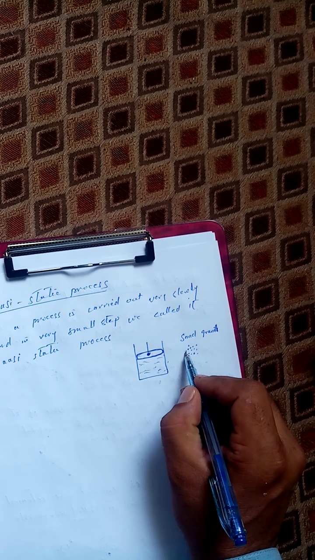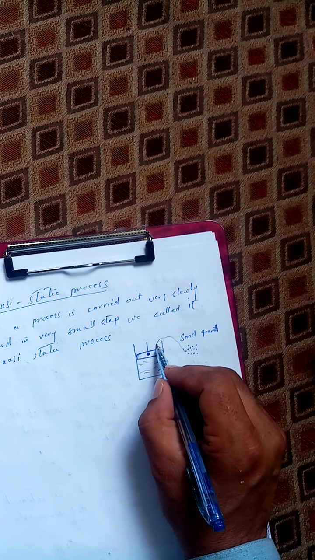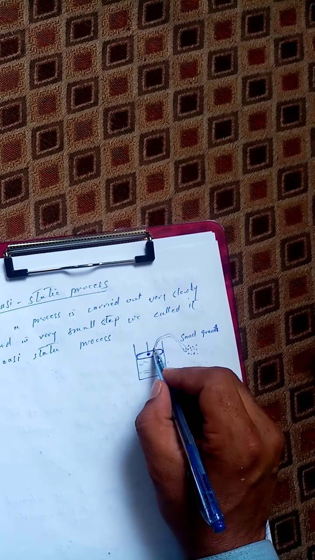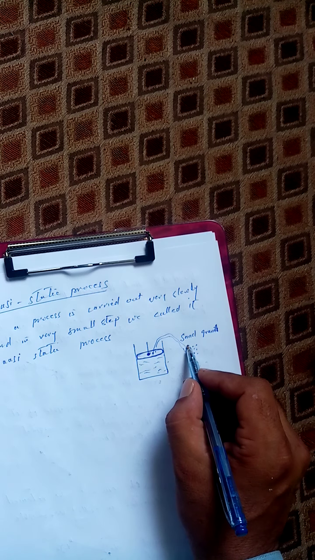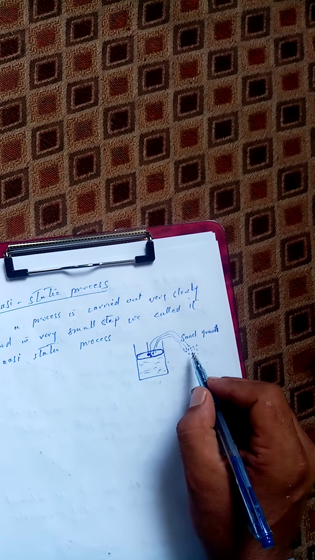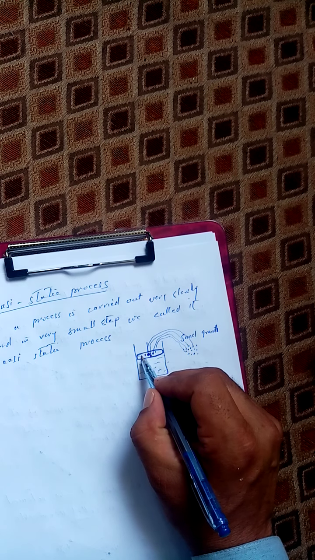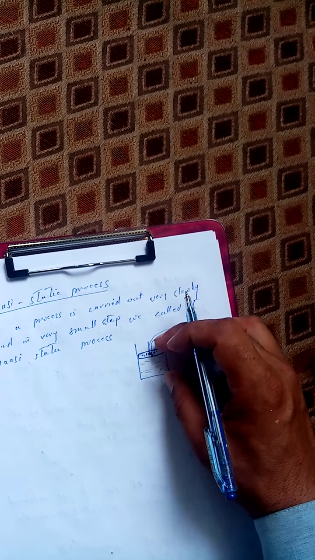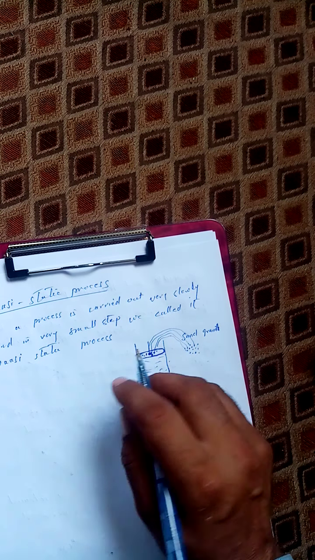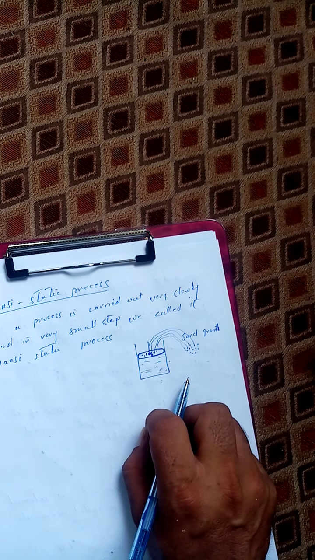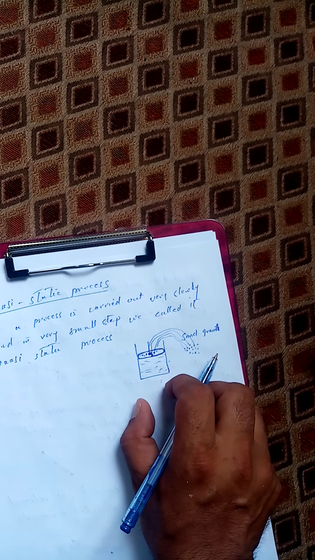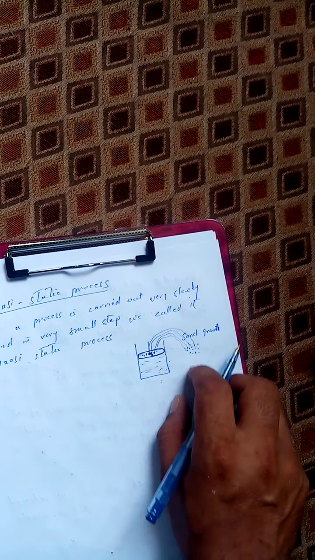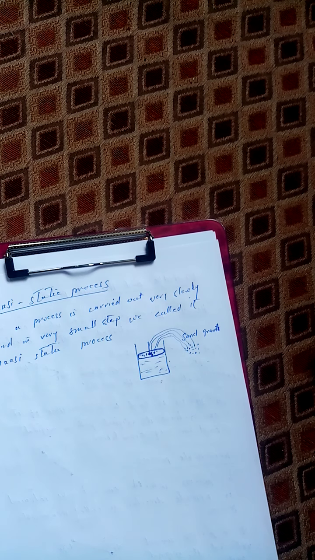If we bring one grain of sand and put it on this piston, after some time we bring another grain and put it on the piston, and another, and another. By this way we are pushing the piston downward very slowly by putting small grains of sand. So the change is very small, and this process is called a quasi-static process.